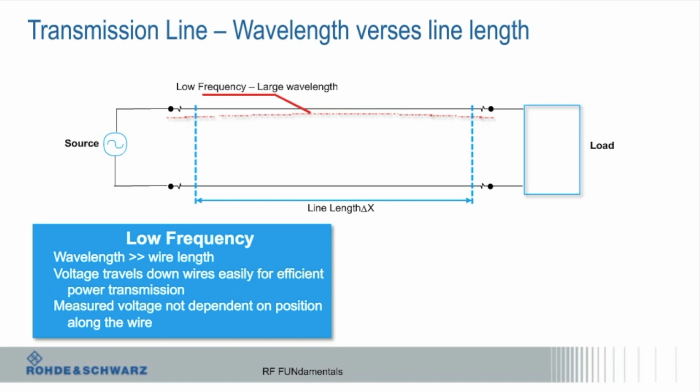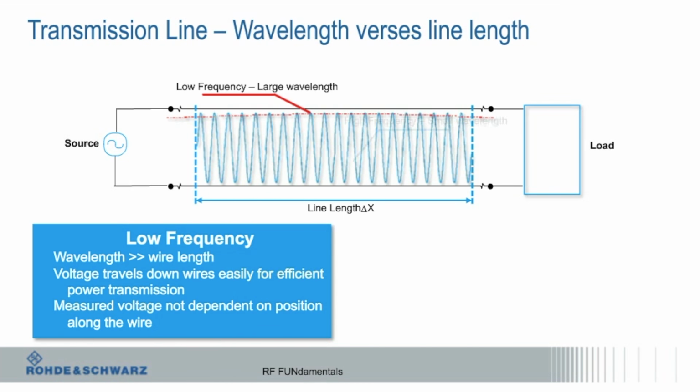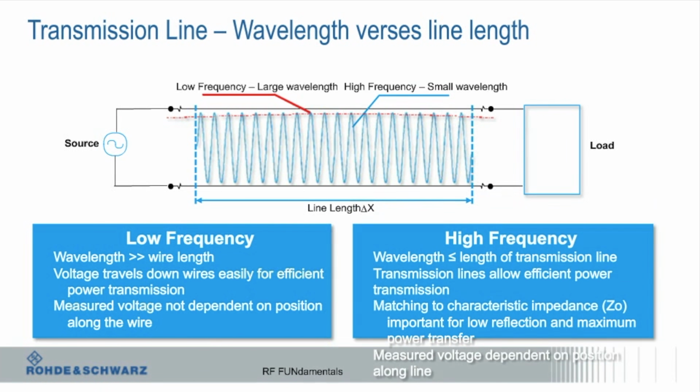Anyways, so wavelength versus line length. Okay, low frequency. I was talking earlier how there used to be a pretty significant delineation between an analog or digital engineer and an RF microwave engineer, where most people used to be operating here. If you look at the wavelength of this relative to the size of the transmission line, even on a board, it's much, much smaller.